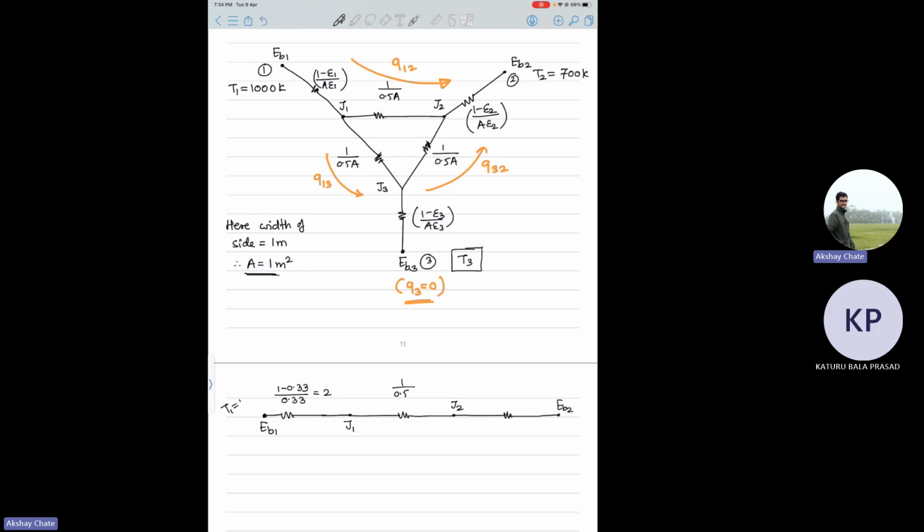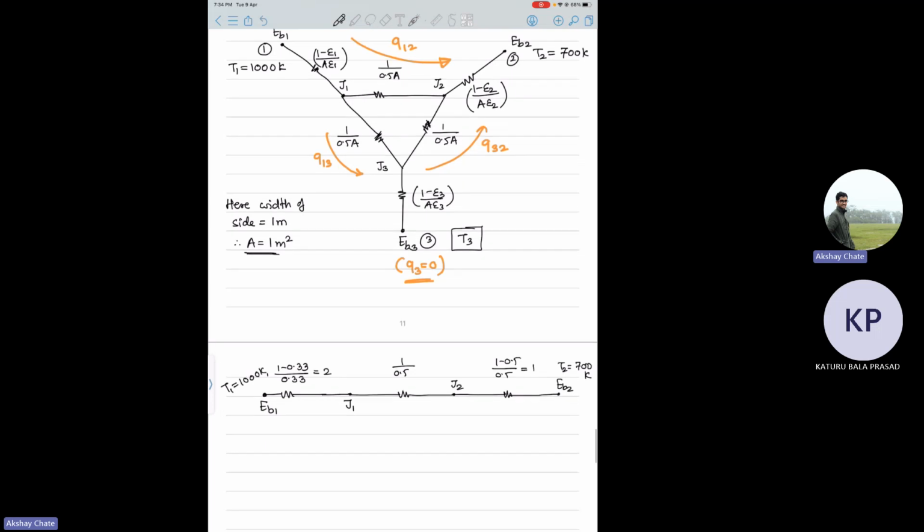So this is your T1 at 1000 Kelvin, and this guy is at 700 Kelvin. And what is the surface resistance here? It will be 1 minus epsilon 2 by epsilon 2. So epsilon 2 is given as 0.5. So 1 minus 0.5 by 0.5, it will be 1.